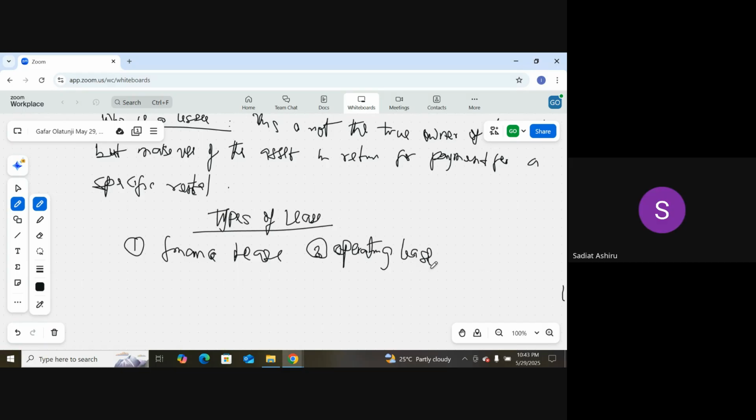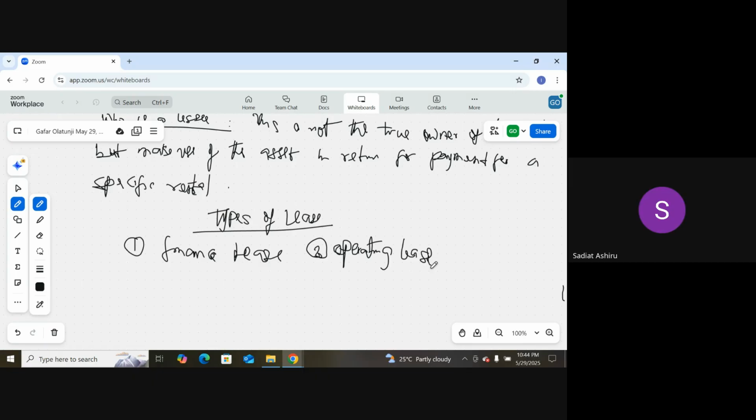In finance lease, we said all the risk and reward will be transferred to the lessee. So with operating lease, the risk and reward cannot be transferred to the lessee. That is why the contract needs to include a maintenance agreement, and who is going to be servicing the asset?